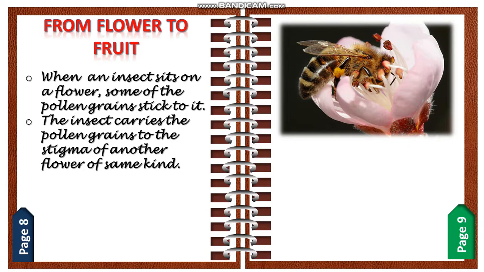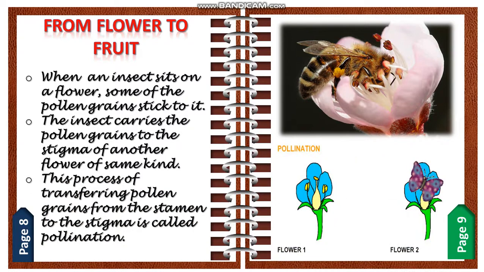And then what will happen? The pollen grains will be transferred from one flower to another flower. And this process of transferring of pollen grains from stamen to the stigma is known as pollination.